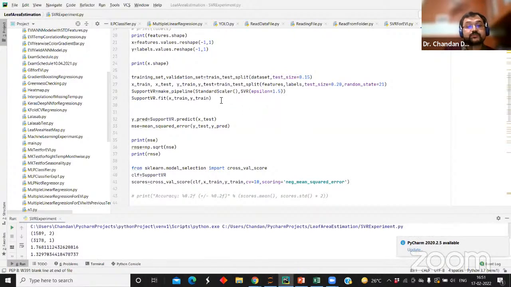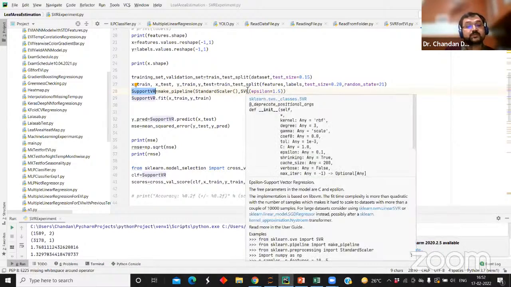After that we have to fit the model. This higher level API is very powerful, and we need not write explicit code to train our model. You simply have to initialize your model with some parameters.